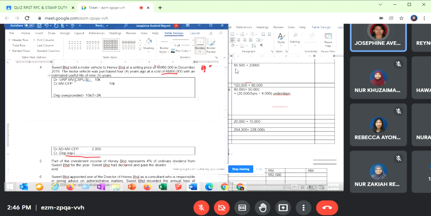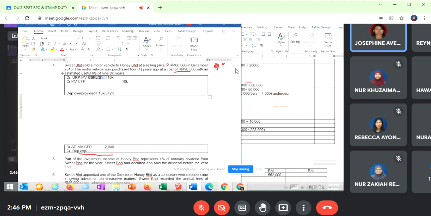So we are going to credit the statement of profit or loss of the seller. Not the buyer, even though we put it here as depreciation, through the depreciation the profit of the buyer will increase, right?